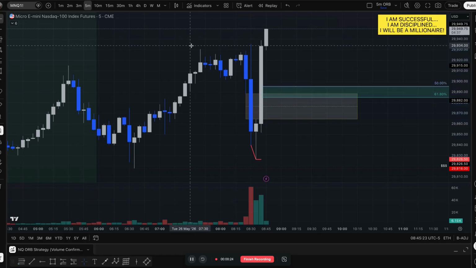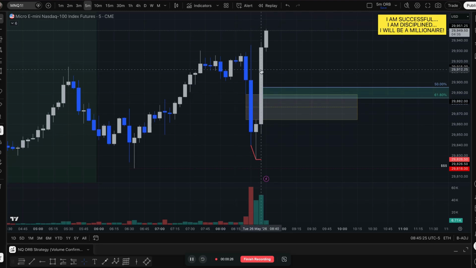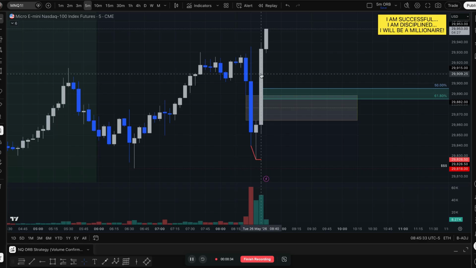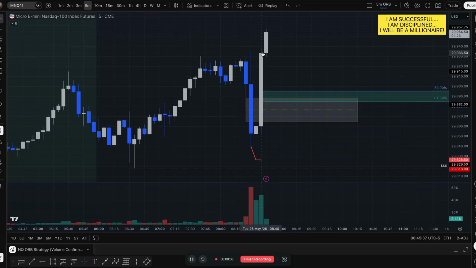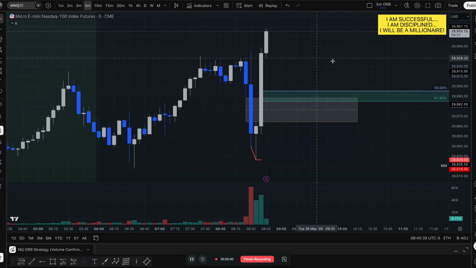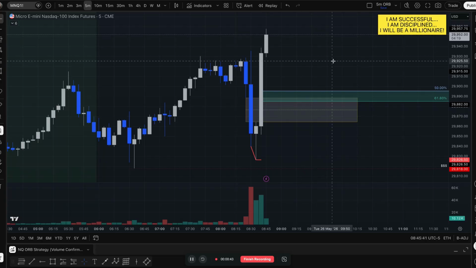I saw a fair value gap here that is marked with that gray box, and it closed back above, so an inverted fair value gap, and I hesitated in getting in on this. I should have gotten in right there on the close of that great big giant candle. It was just moving so fast, and I hesitated.